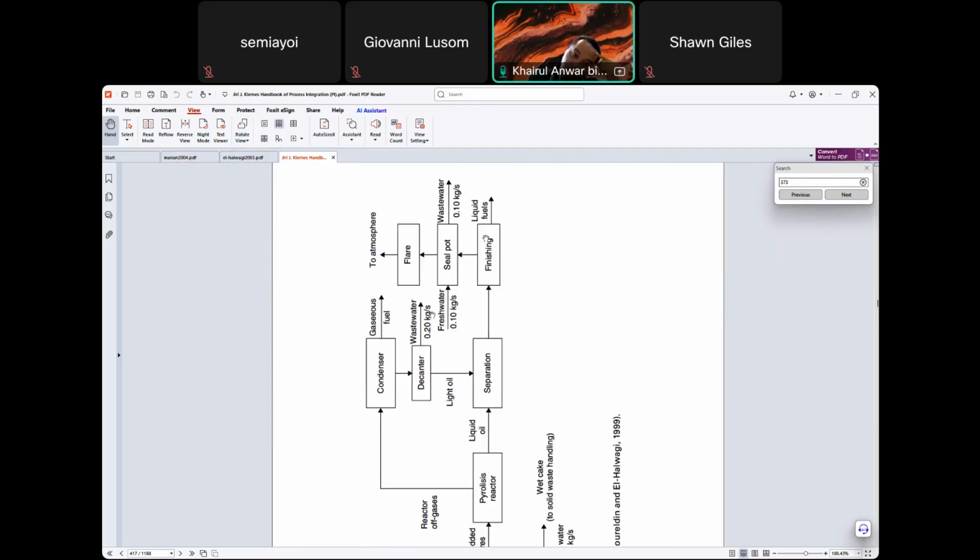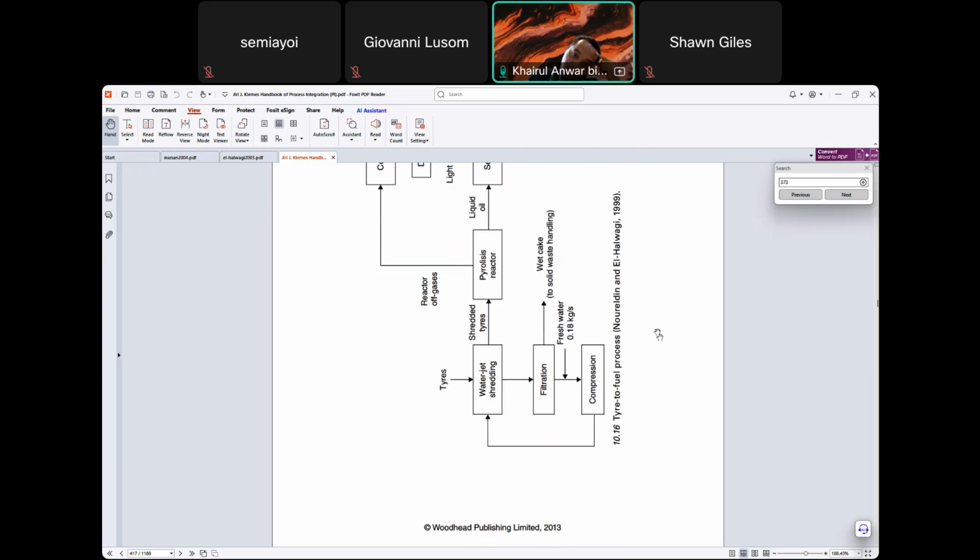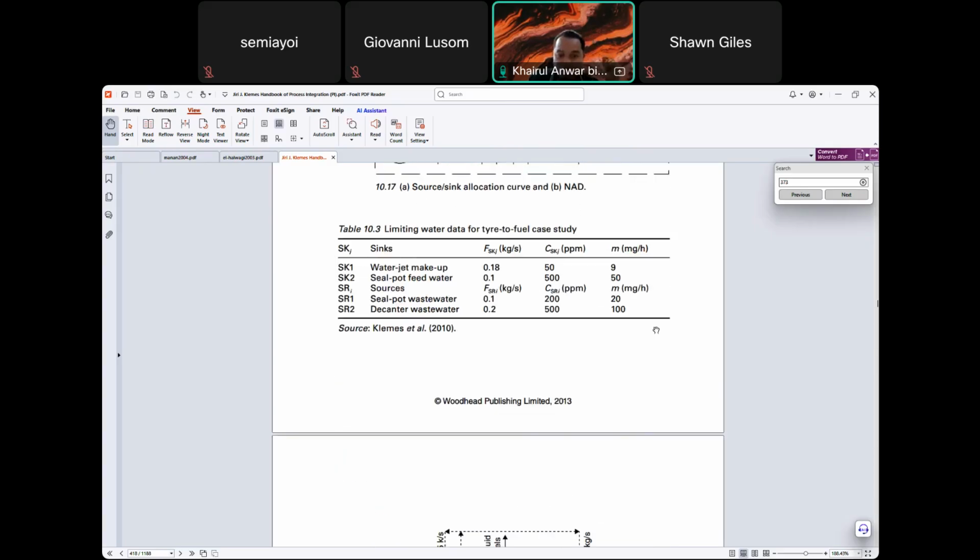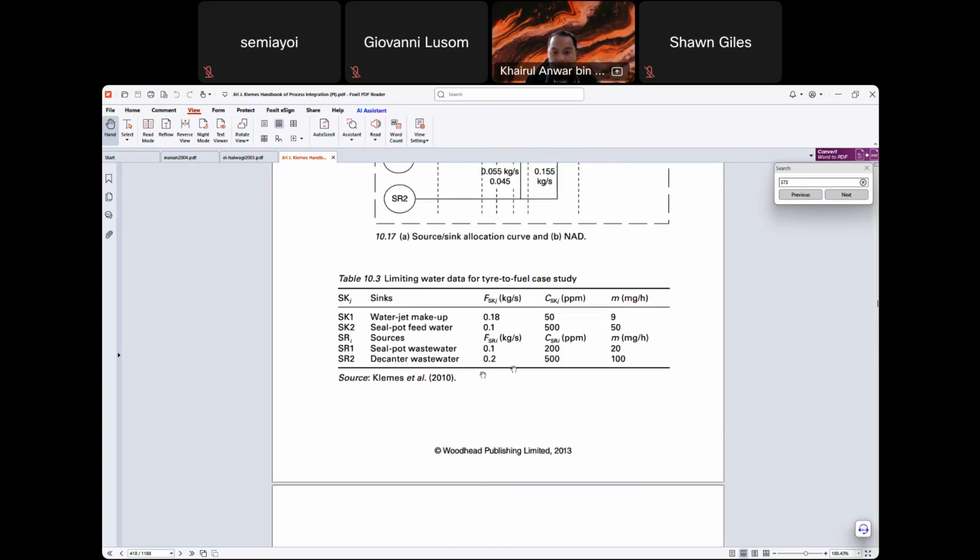You can see, yes, two, source to sink. So for the sink, water jet makeup and the seal pot water. This is the information. SR1, SR2, source 1, source 2 is for the seal pot wastewater and the decanter wastewater.